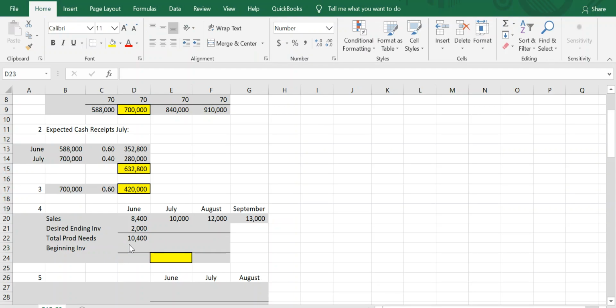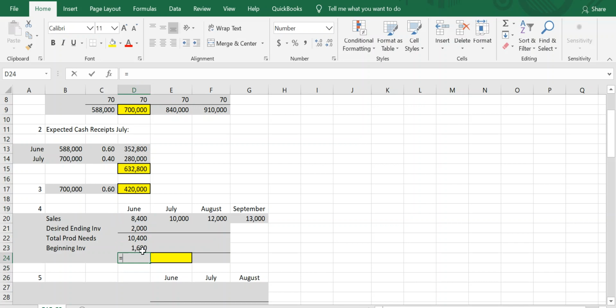when we get to the beginning inventory number, we're going to utilize actually a calculation. What would have been the ending inventory in May would have been this June production number times 20%. The ending inventory in May becomes the beginning inventory for June. So we take this 8,400 times 0.20 and we get the beginning inventory.